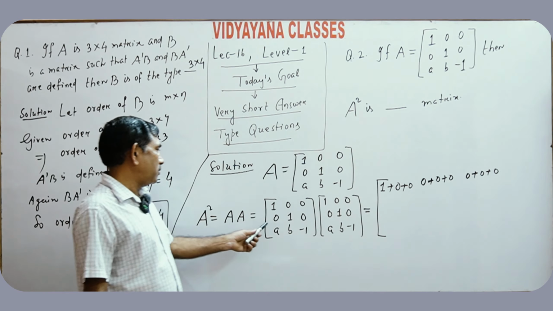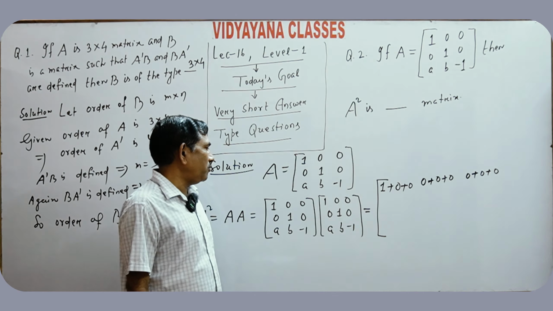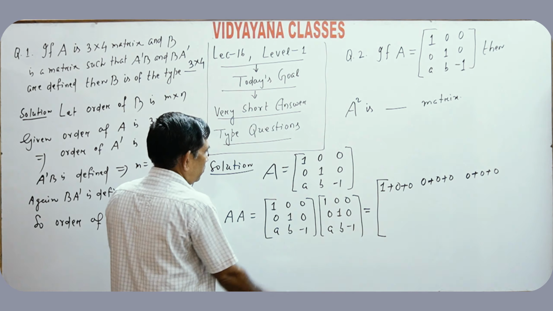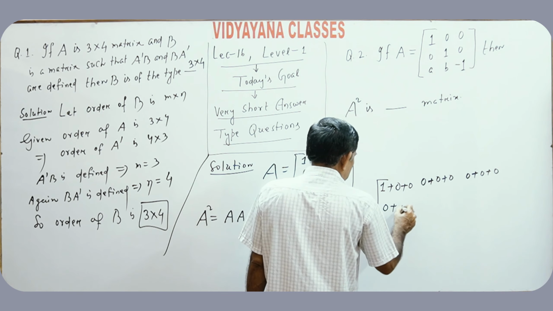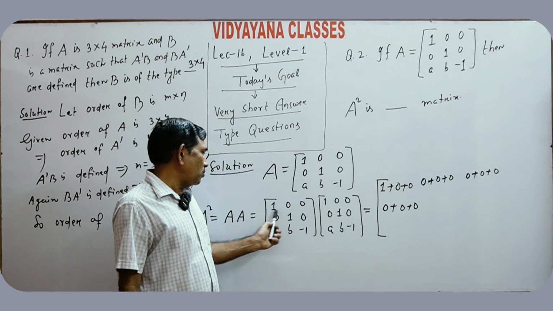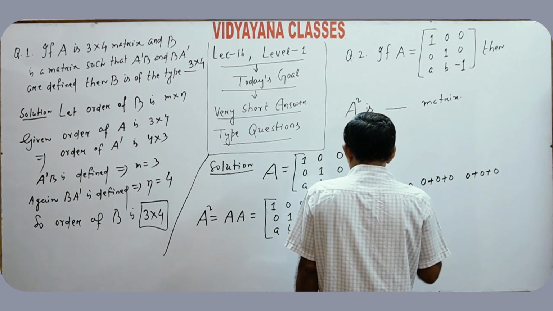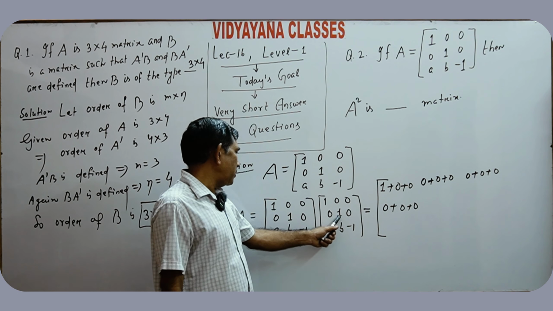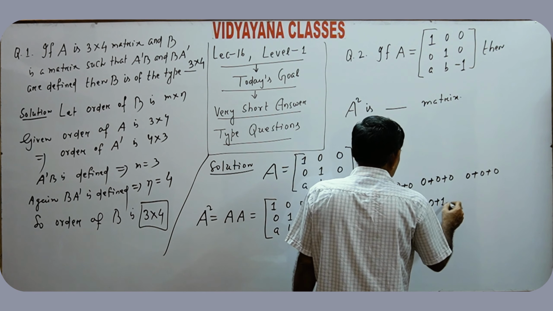Clear? Next, go through row 2, come down in column 1, multiply the corresponding elements and add them. 0 into 1 is 0, 1 into 0 is 0, 0 into A is 0, so it is 0 plus 0 plus 0. Next, row 2, column 2: 0 into 0 is 0, 1 into 1 is 1, 0 into B is 0, so it is 0 plus 1 plus 0.